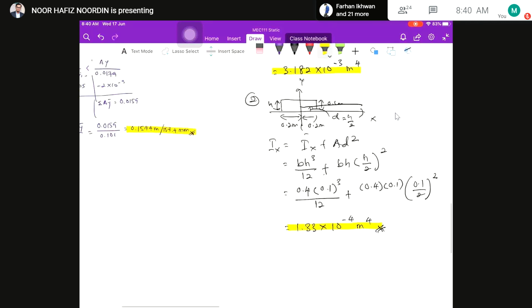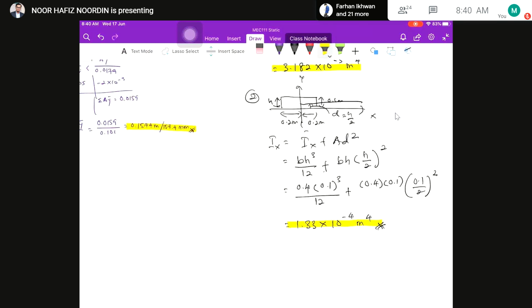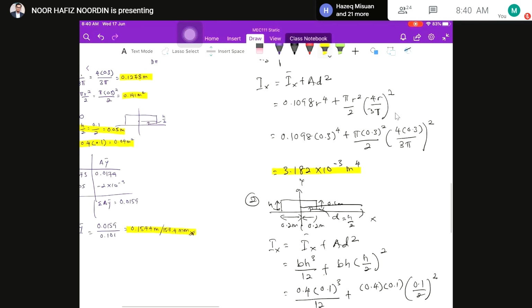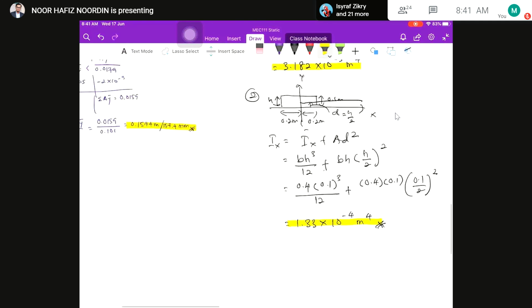Because why? The third step lah. First step, we define how many components we have, and then we calculate the Ix, and then the third step is we need to determine the Ix overall. So Ix overall is actually Ix1 untuk yang semicircle minus Ix2. Why we need to minus? Because the rectangular one we exclude.